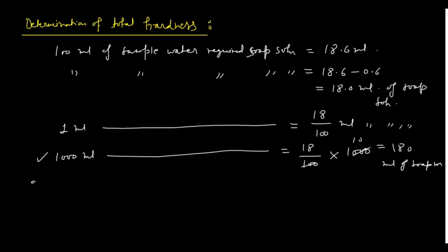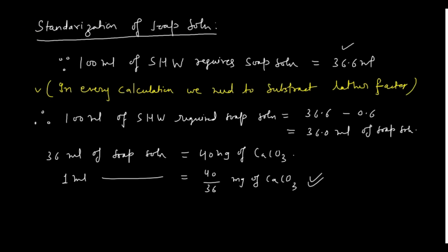Now in terms of CaCO3 equivalent, you need to incorporate that particular factor which is very important. In the last step I have done this thing. That means you need to multiply.